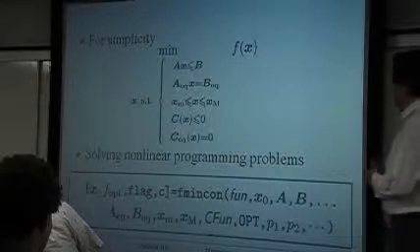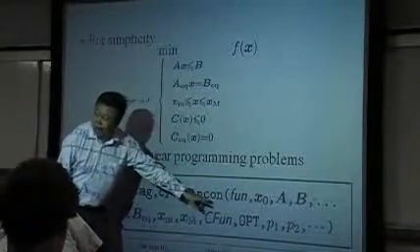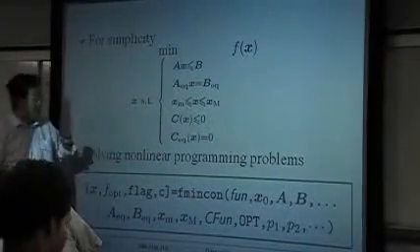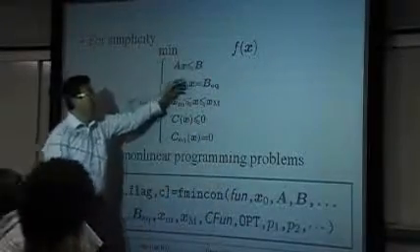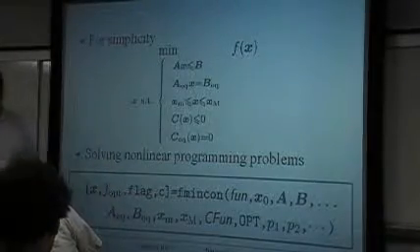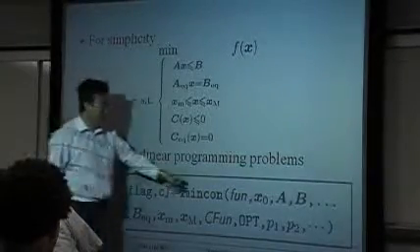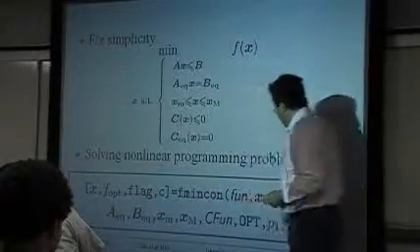Now, how can we solve that one? We can call a function called fmincon to solve the problem. We have to write a Matlab function to describe the objective function, because it is nonlinear.